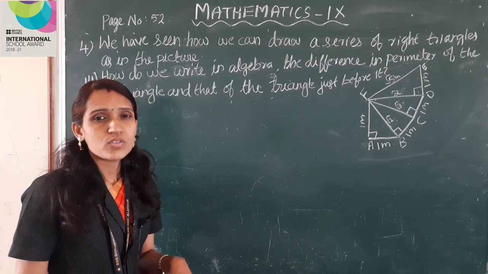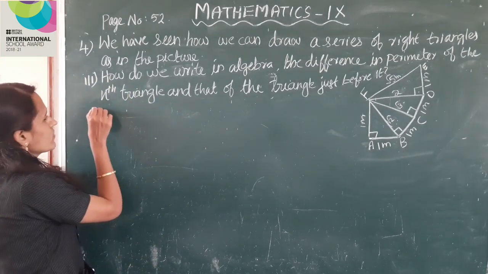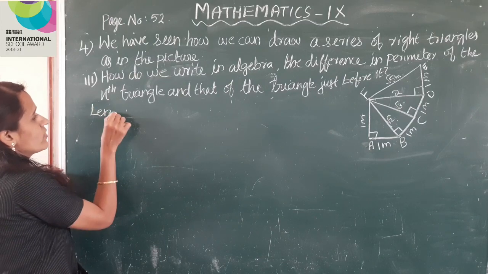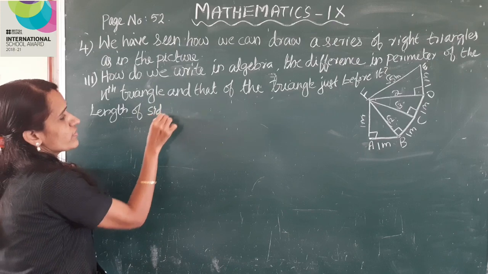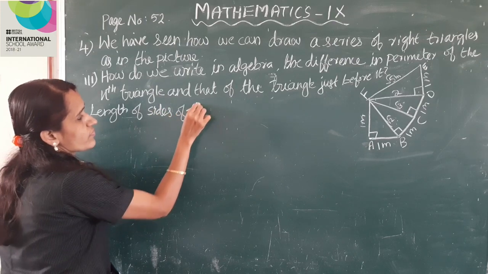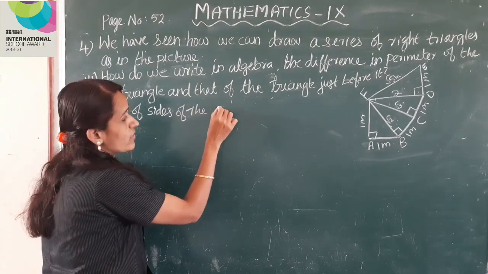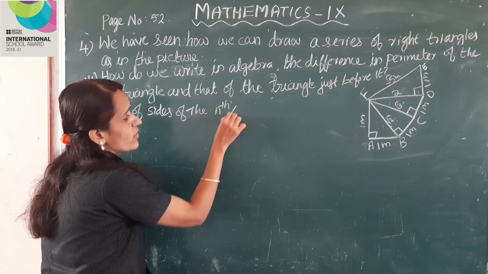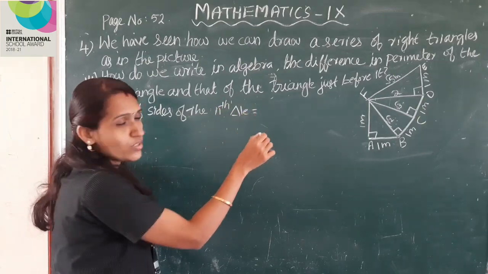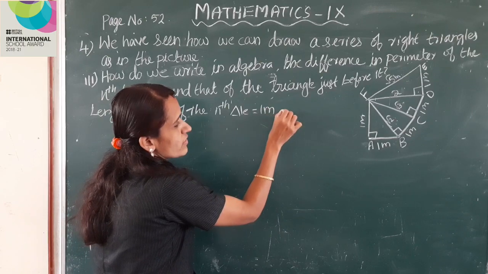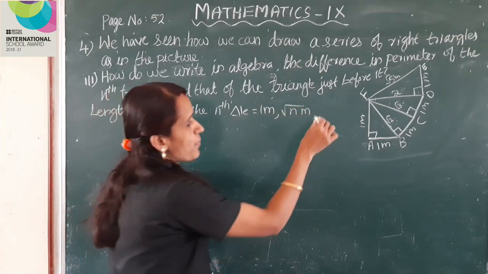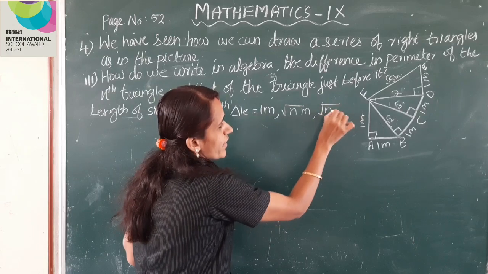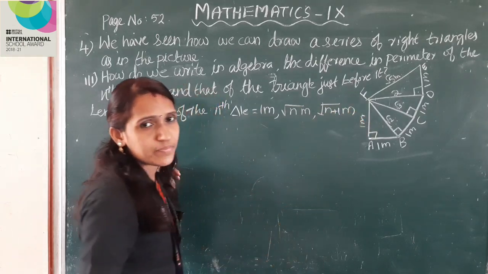The sides of the nth triangle: base is 1 meter, altitude is root n meter, hypotenuse is root n plus 1 meter.